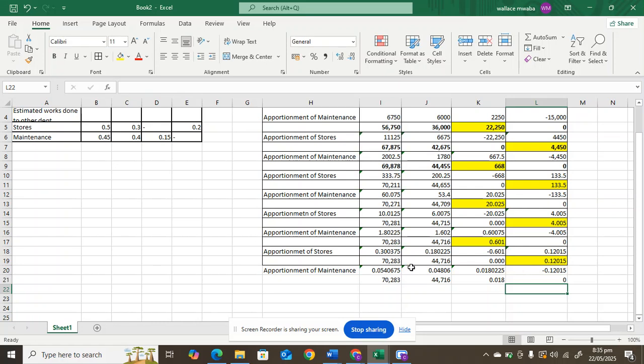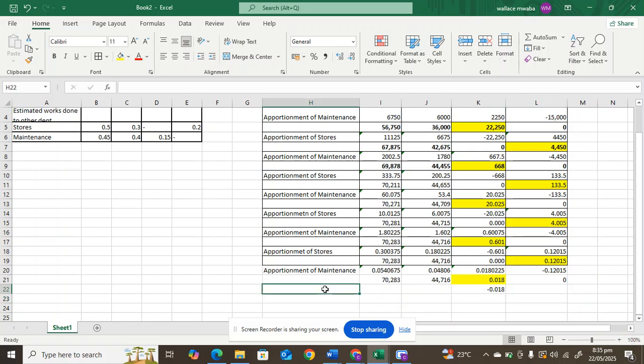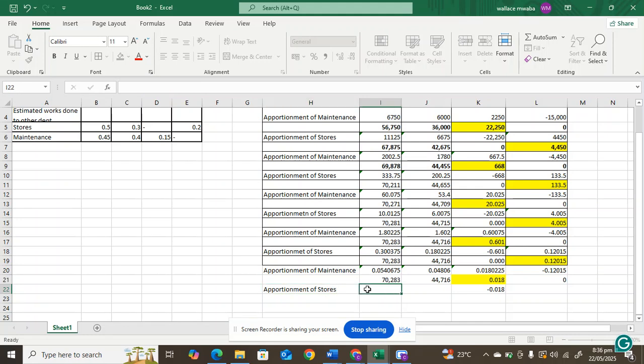All right. Then we need now to reapportion this 0.018. Okay, so stores gets 50%.